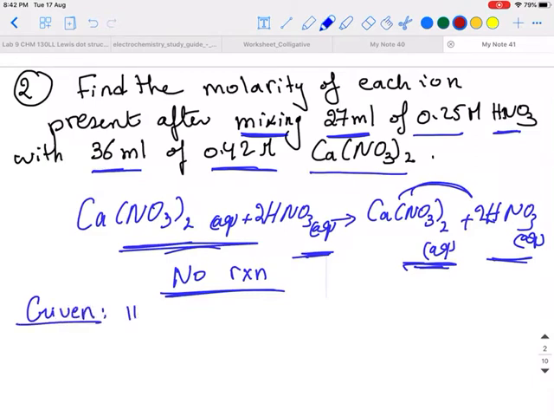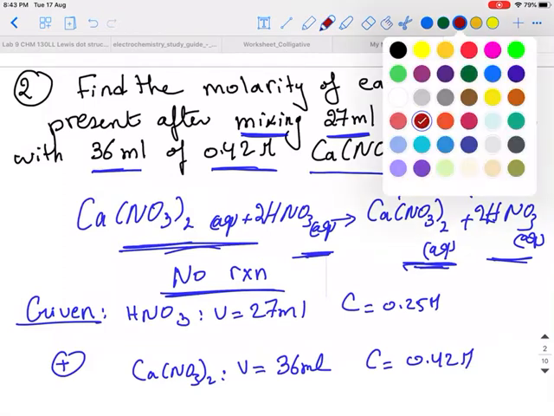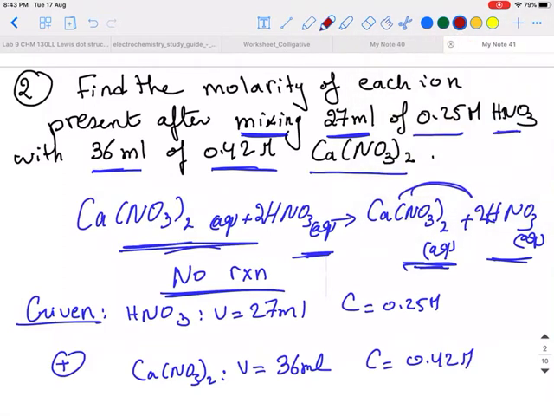I will start by listing the given. I have nitric acid with volume 27 mL and concentration 0.25 molar, mixed with calcium nitrate, as we proved no reaction, with volume 36 mL and concentration 0.42 molar.